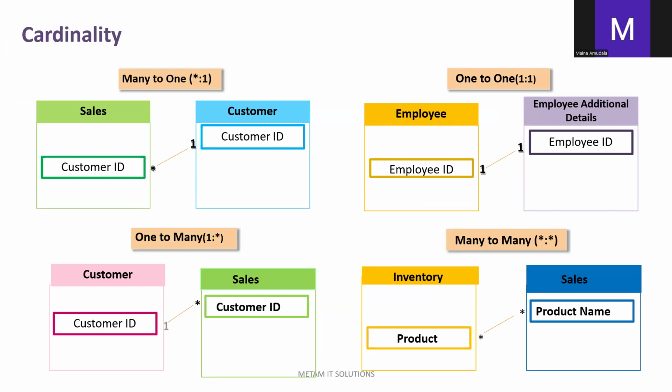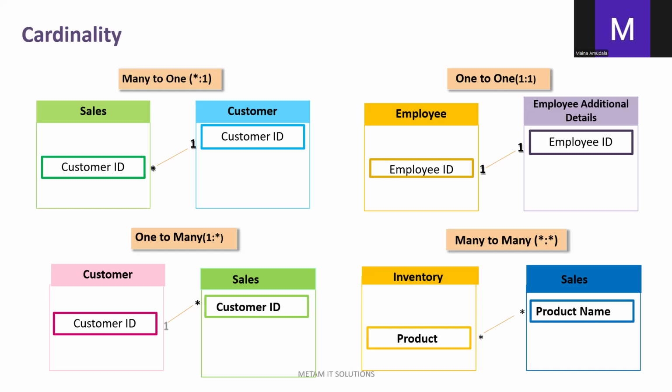So here I have chosen the data of sales, customer, employee, employee additional details, and inventory. For one to many, in the sales table I am declaring the customer ID. The customer ID in the sales table and the customer ID in the customer table have the relationship.